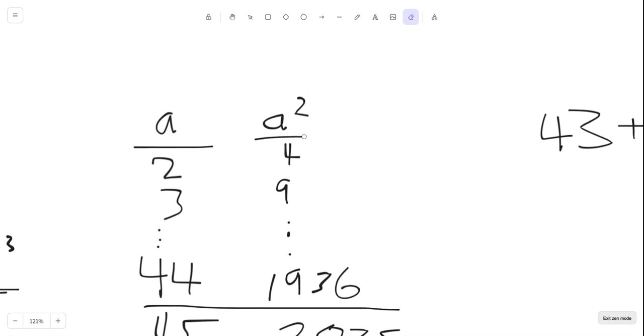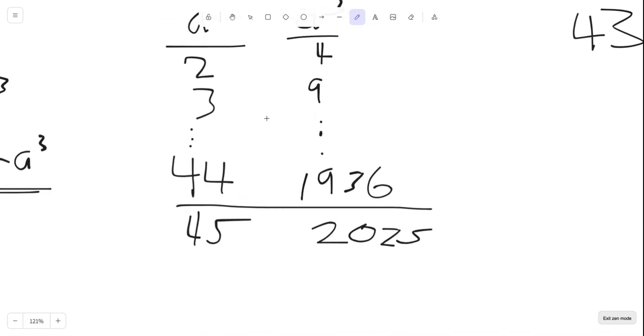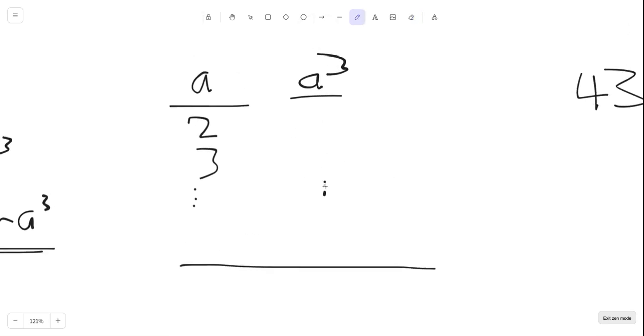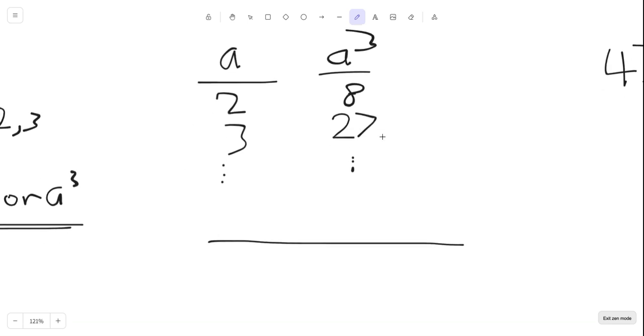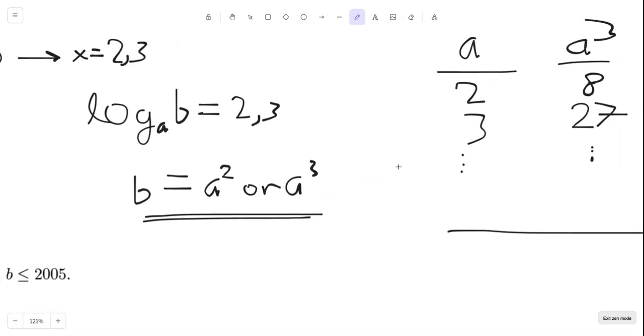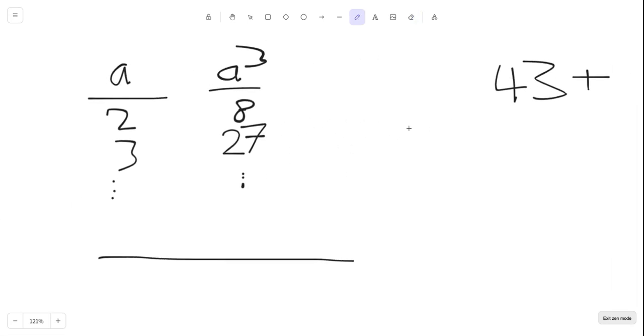And then let's say that b is equal to a cubed now for the other solutions. Okay, in that case, it starts off 8, 27, and so on. And we need a cubed, which is b, to be bounded by 2005. Okay. So cubes increase really quickly. And let's see. What about 8 cubed is 512? 9 cubed 729?